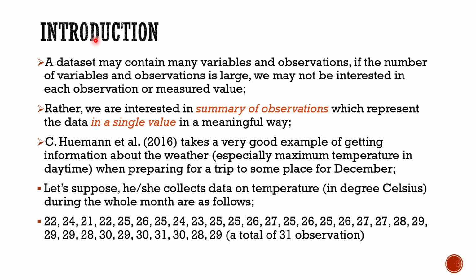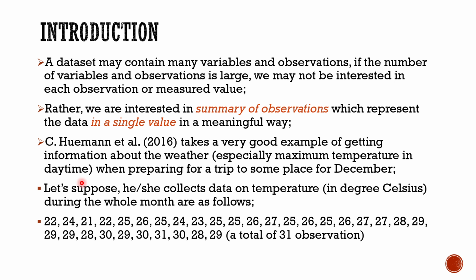Taking an example from Heman et al. 2016, a person wants to go for a trip to some place, particularly in the month of December. He or she wants information about the weather, especially the maximum temperature in the daytime.